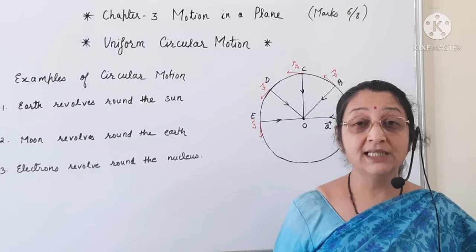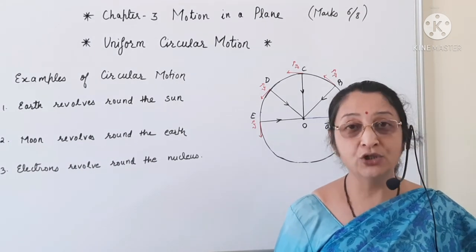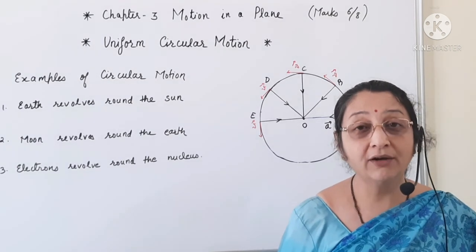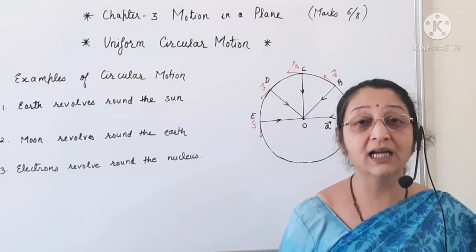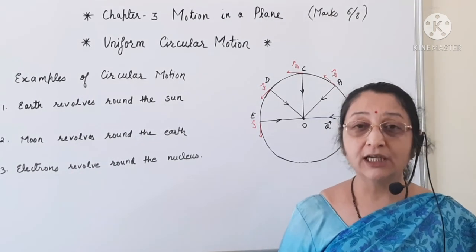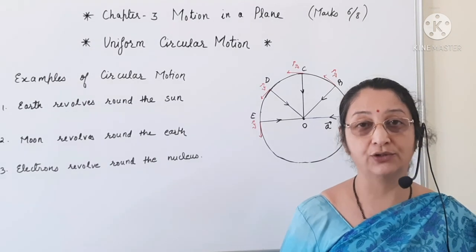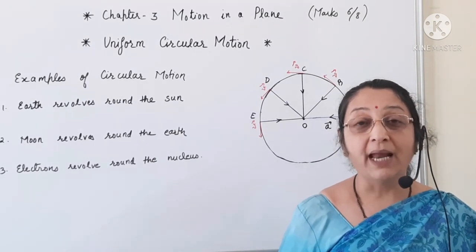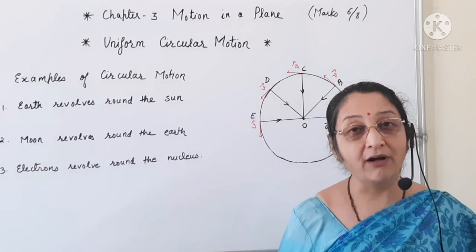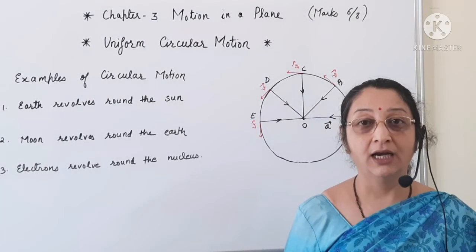So these electrons are revolving in a circular track along the circumference. For the circular motion of the electrons, the necessary centripetal force is supplied by the electrostatic force of attraction between the positive nucleus and the negative electrons.